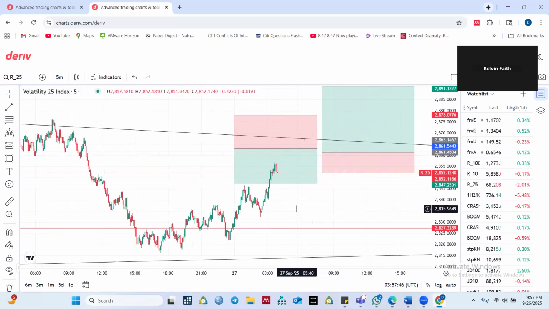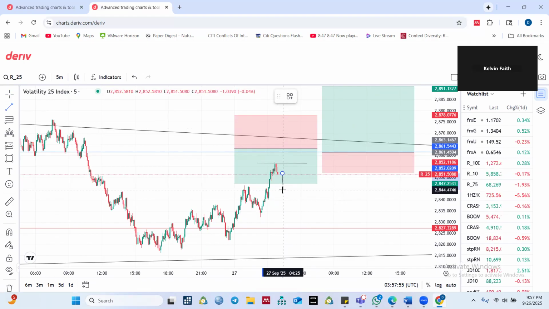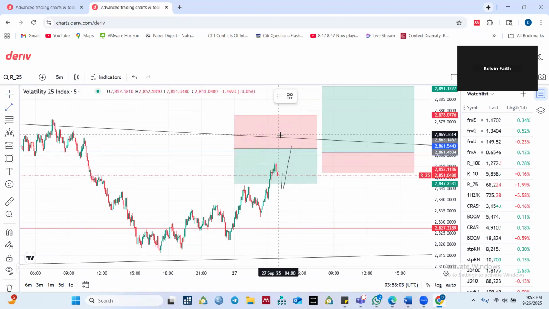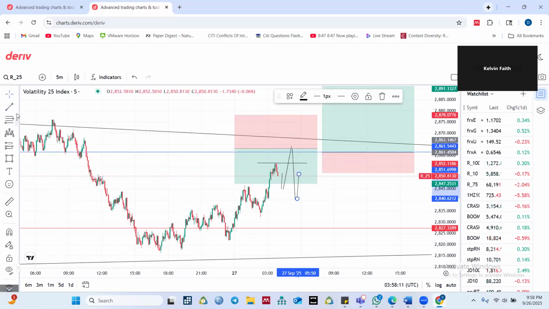Okay, so 5 minutes is looking pretty good. Let's say we get a push down to this area to retest these highs, and probably we get another push up, and then a push to break this low. Then probably on a small retest, we can sell. Maybe.